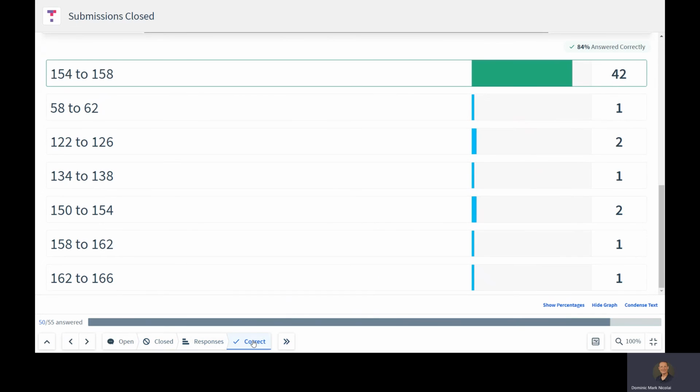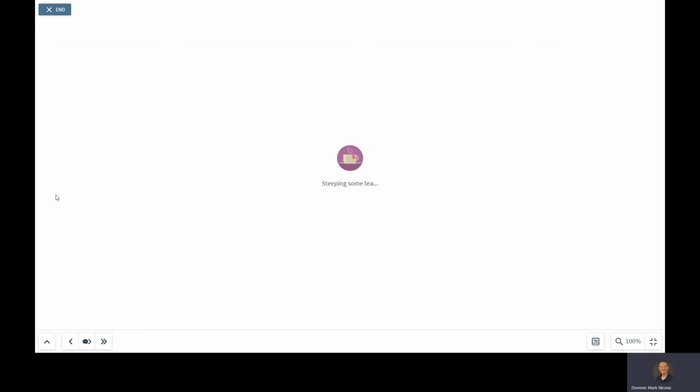So you should have found about 156 knots. If you're within a couple knots of that, you should be okay on this problem.